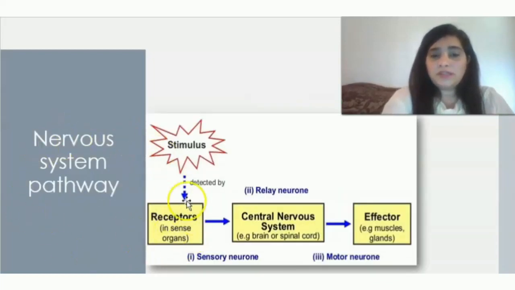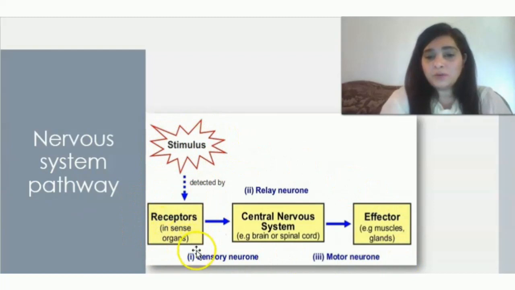So here is a diagram, the nervous system pathway. What I have already discussed, I am going to discuss here with the help of a diagram. Stimulus is detected by receptors, sense organs, it might be skin. With the help of sensory neuron, the stimulus or electrical impulse is transferred from the receptor to the central nervous system.